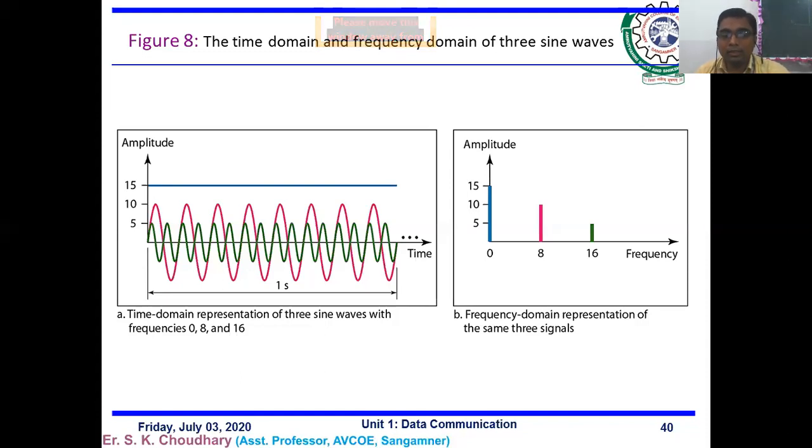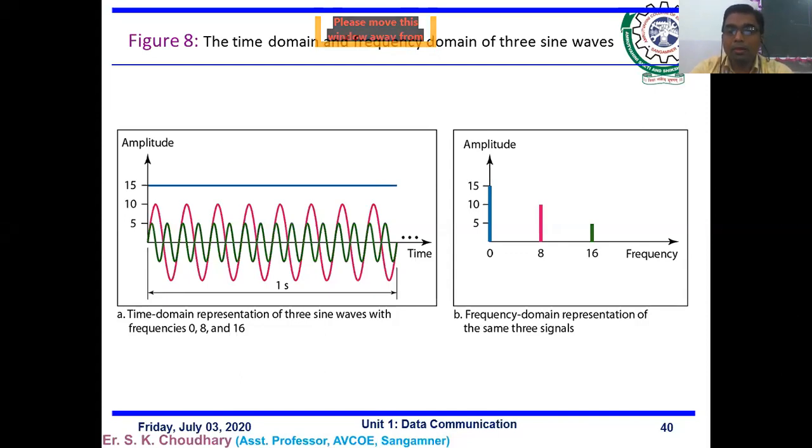And the third one is the green signal, with a frequency of 16 hertz and a peak amplitude of 5 volt. So when the number of signals increases, the complexity of representation as well as understanding increases. But as compared to this, when we come into the frequency domain, what happens?